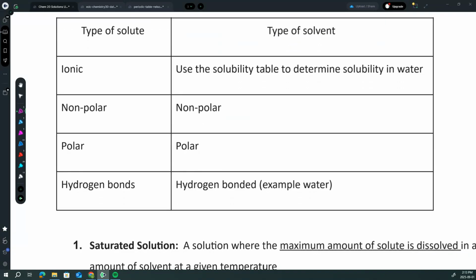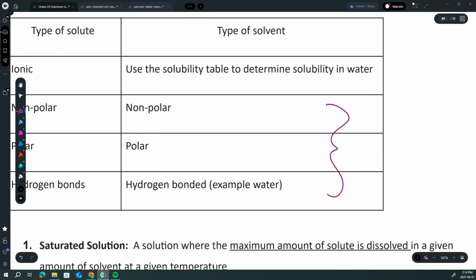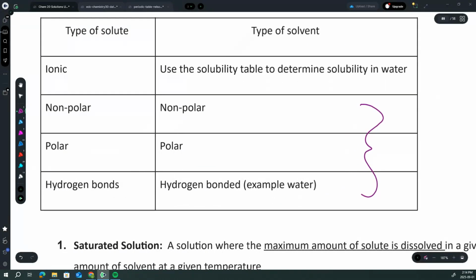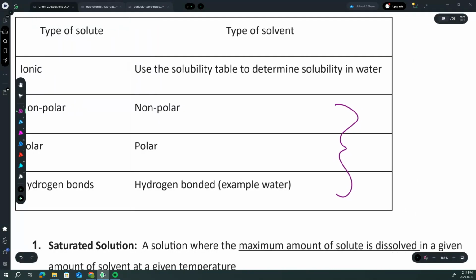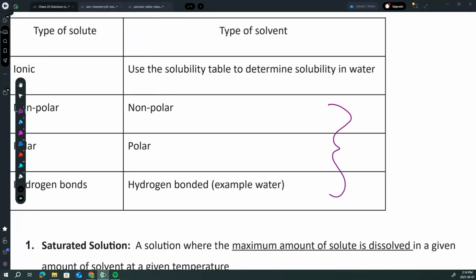So as a quick reminder, hydrogen bonding happens in a compound where hydrogen is directly attached to either nitrogen, oxygen, or fluorine. Okay? And these last three parts are just operating off of that principle of like dissolves like. So nonpolar dissolves nonpolar, polar dissolves polar, and something that can hydrogen bond is going to dissolve a lot better in something else that can hydrogen bond.